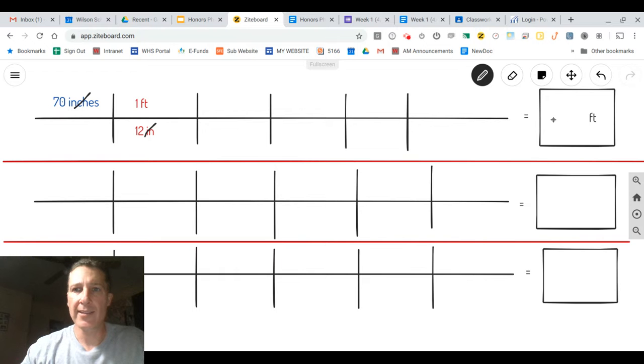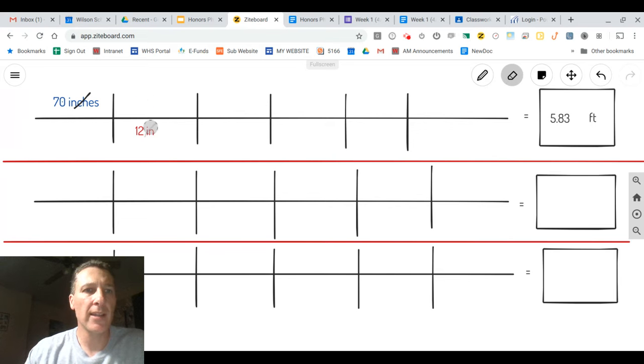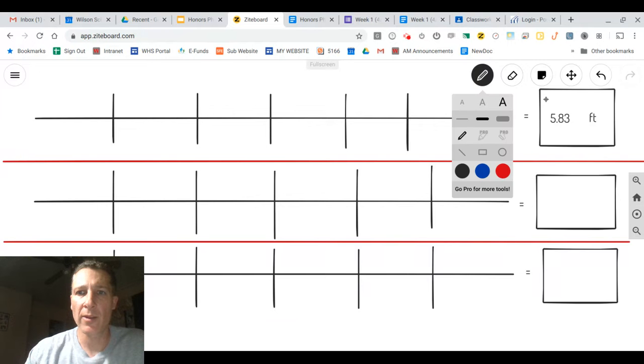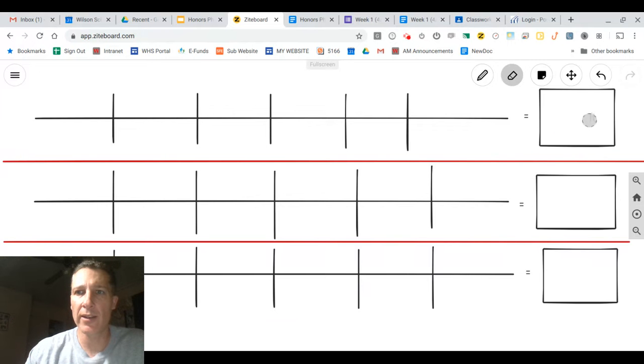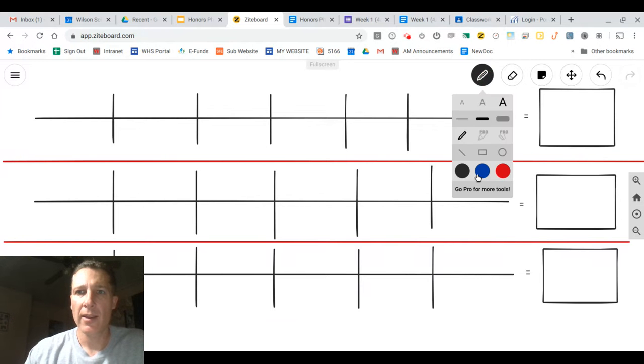All right, that's how I get to 5.83 feet. Okay, easy enough. If I were to take the football field, which is something that most of us know, it's 100 yards.